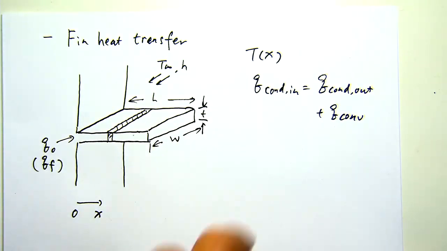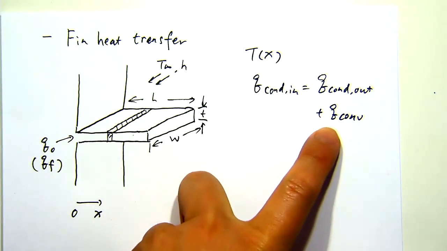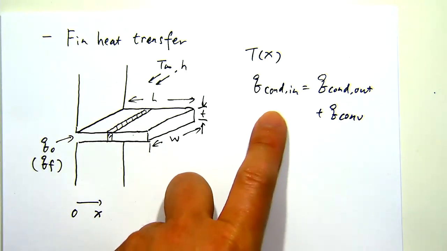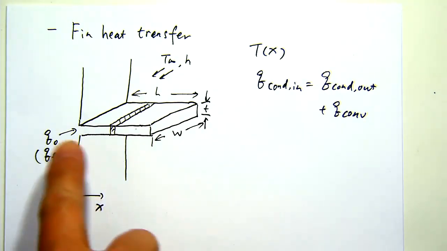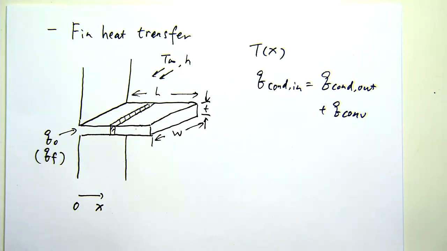All right, so that's what we want to be clear with, and you want to understand the purpose of the fin. Essentially, it is to utilize convection to dump the heat. The conduction is basically a means to allow the heat to transfer in a certain direction, but all the heat that actually gets lost is due to the convection.